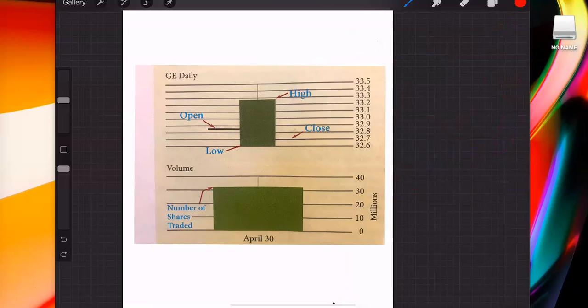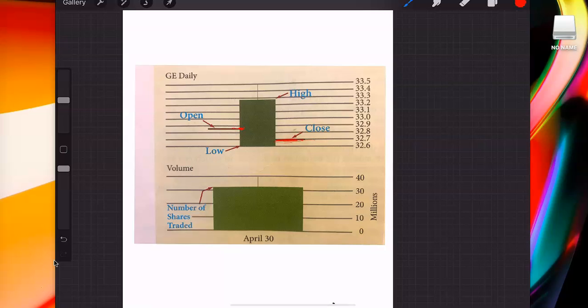We've got our open value, which is sitting right in this range here. Notice that's telling us that the open is higher than the close. That means our open value sat somewhere between 32.8 and 32.9, and we closed at a value of about 32.7, as we can see here.